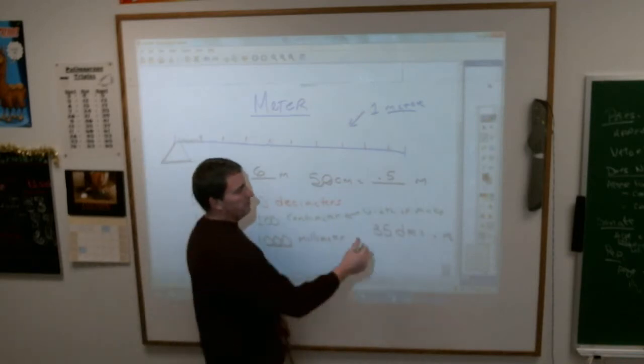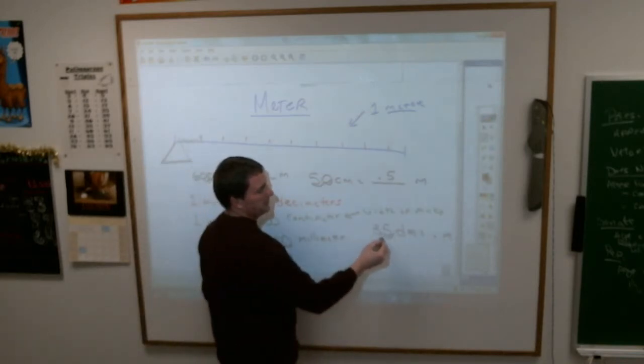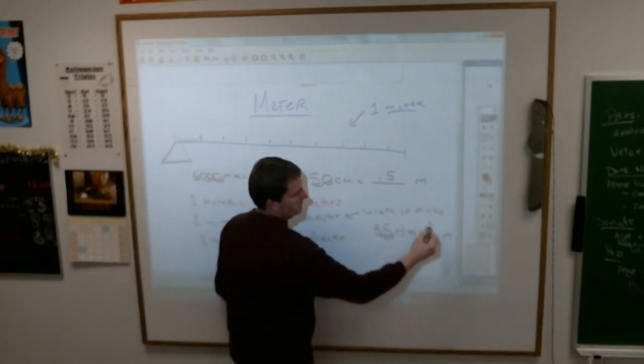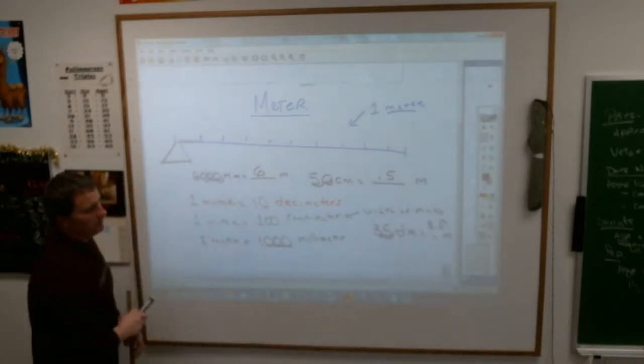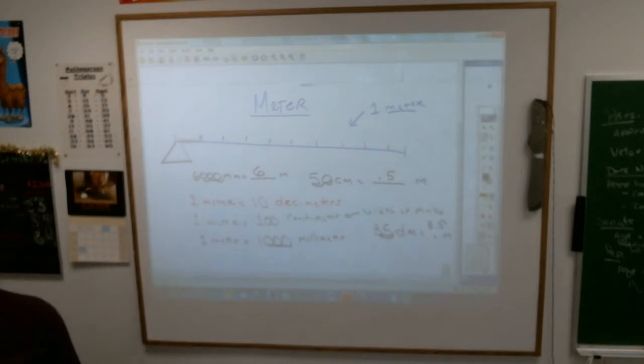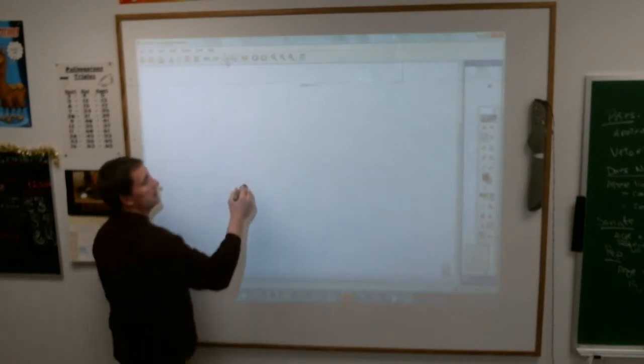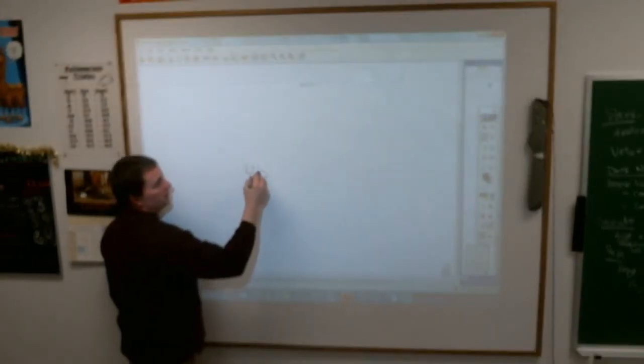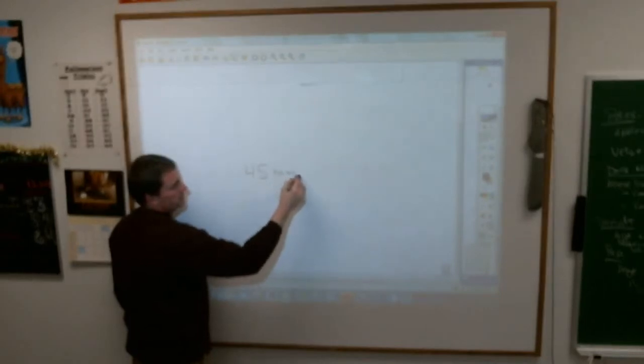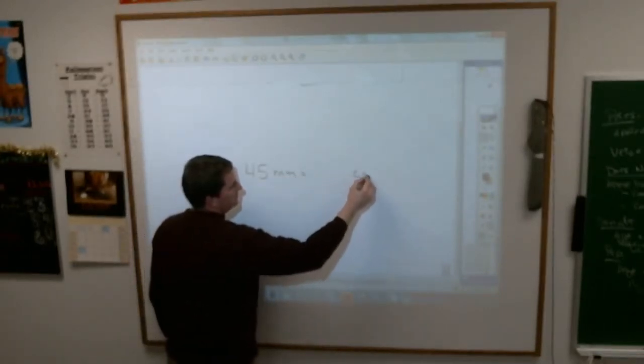So I come back one place. Guess what my answer is going to be? 3.5. 3.5 meters would be 35 decimeters. So it's a really, really, really easy thing there. Or to change this, what if I'm changing 45 millimeters into centimeters?